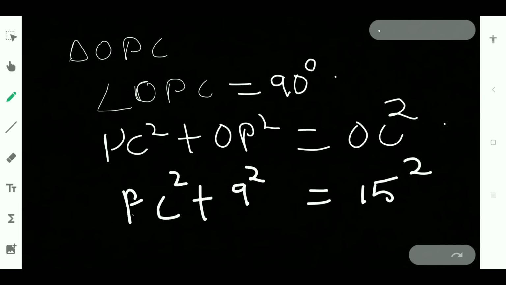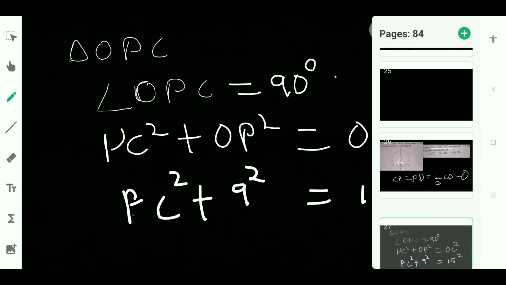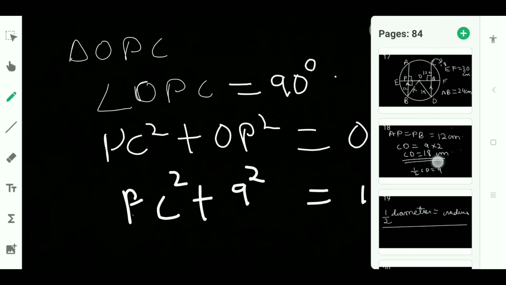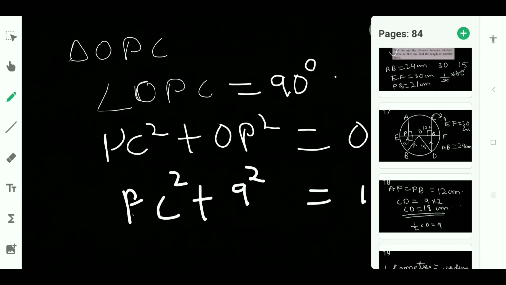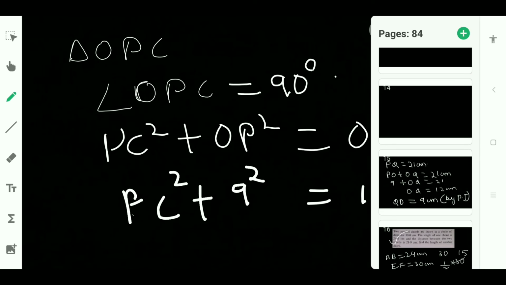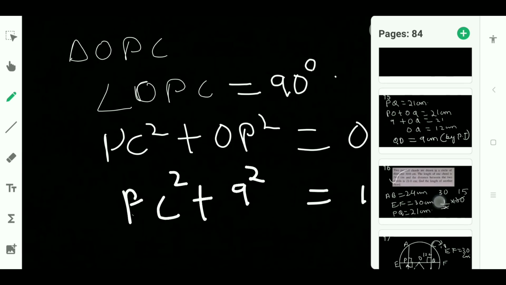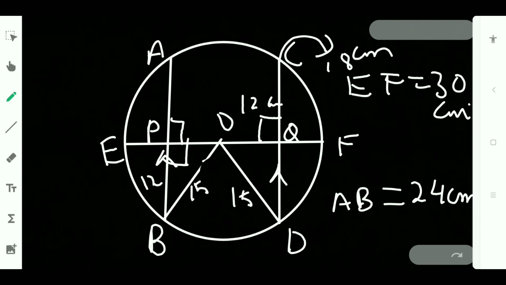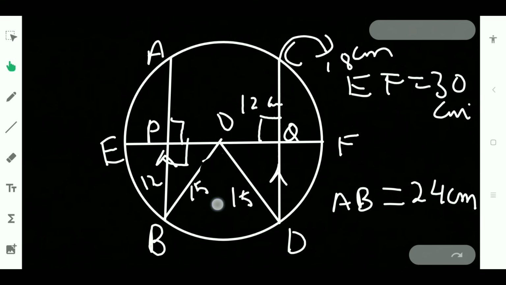Now let us find it. In the previous sum also we had a Pythagorean triplet. Here you can see in this sum we have a Pythagorean triplet, that is 15, 9 and 12.